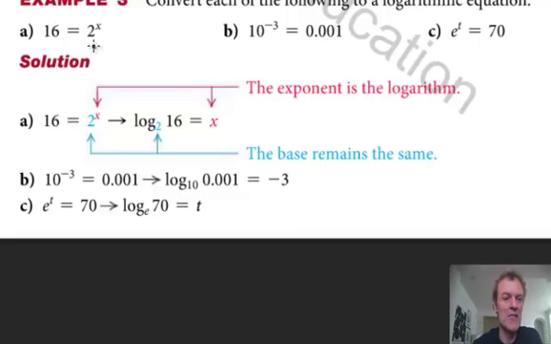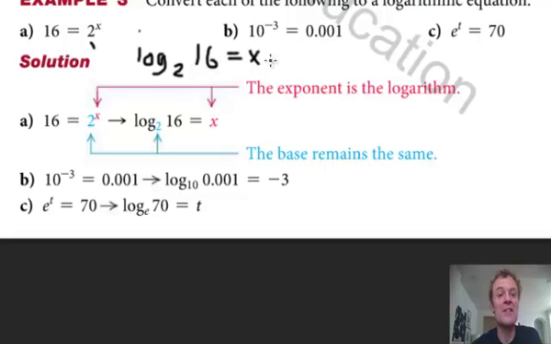So 2 is definitely the base in the exponential, so 2 is the base in the log. Go to the other side: 16 equals x. Now that's how they want you to write it. But actually the answer is going to be 4, because 2 to the power 4 is 16. But that's all they want for now, just rewrite it so you can see it in log form.